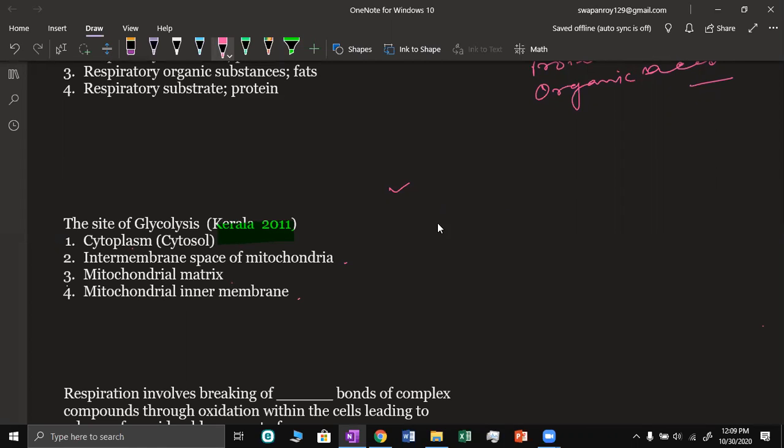Glycolysis takes place outside mitochondria. Mitochondria are present in the cytoplasm. So here it is cytoplasm, but the very correct word should be cytosol. The site of glycolysis is cytosol.